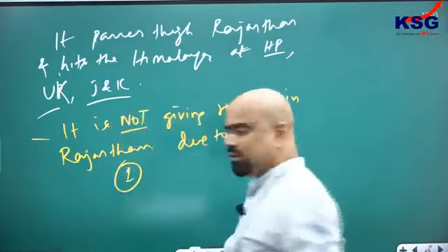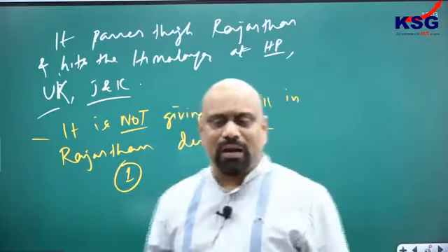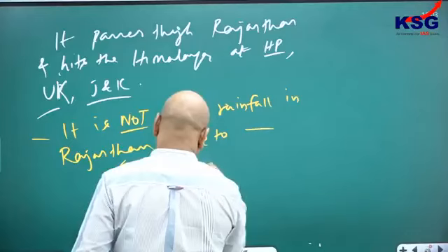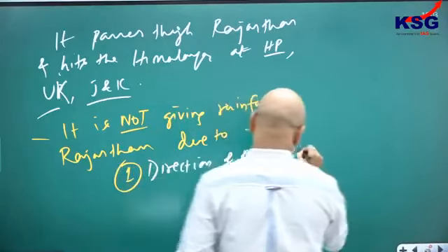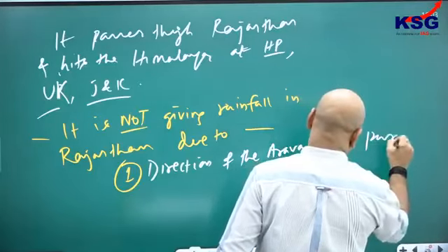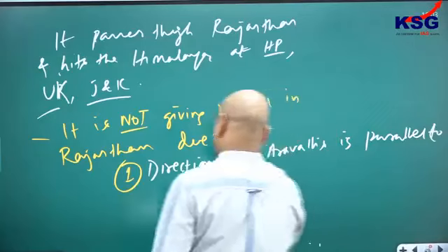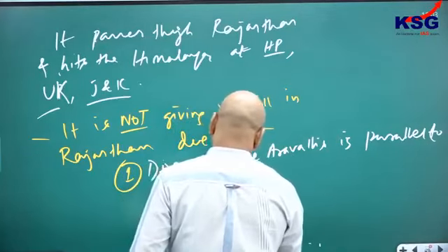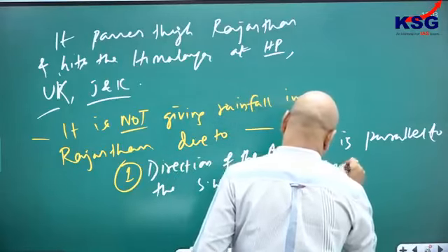First and most important cause is the direction of the Aravalli being parallel to this monsoon wind. Direction of the Aravallis is parallel to the southwest monsoon of Arabian Sea branch.